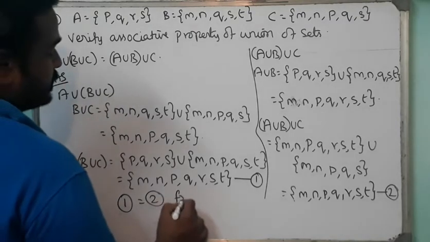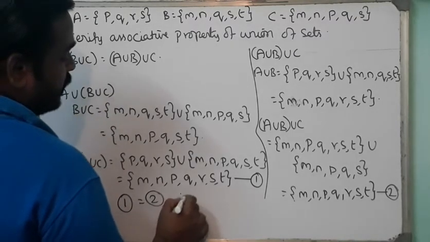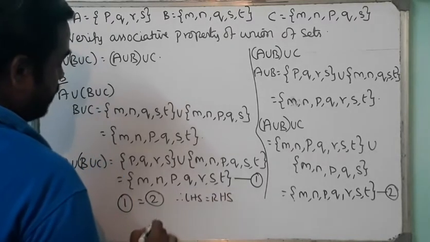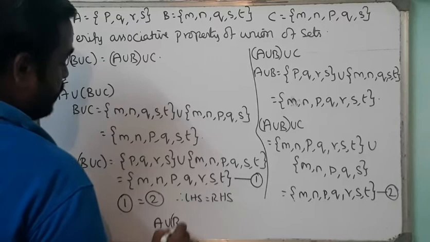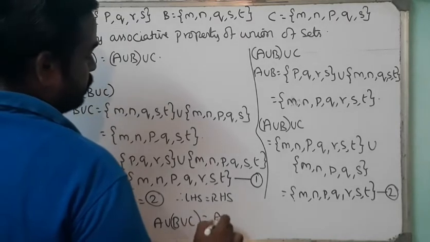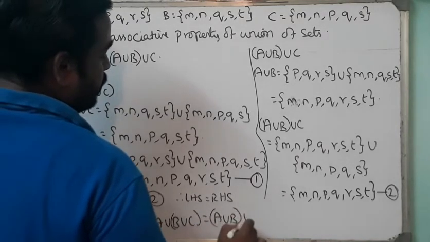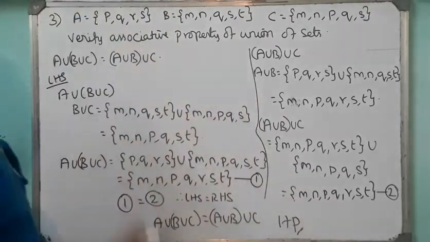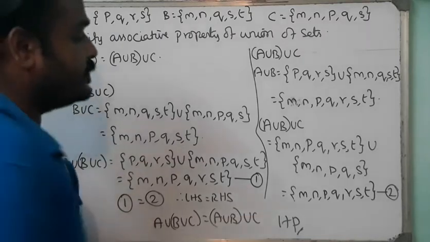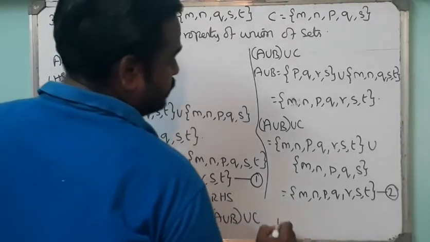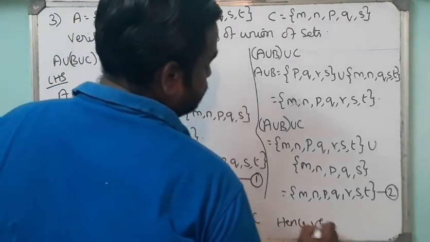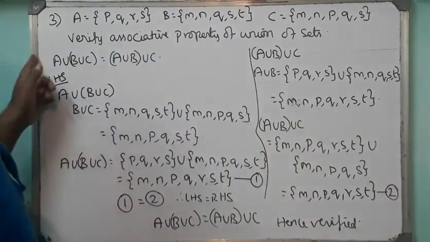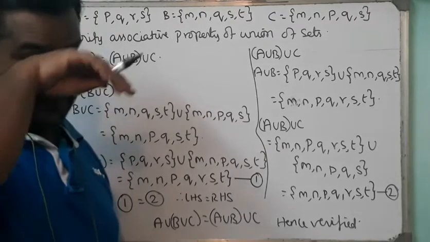So from LHS, therefore LHS is equal to RHS and A union B union C is equal to A union B union C, hence proved. So this is how we verified. Here, when it says verify, instead of hence proved, write hence verified. So this is how we verify the associative property of union of sets. Clear?